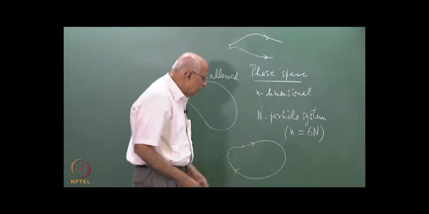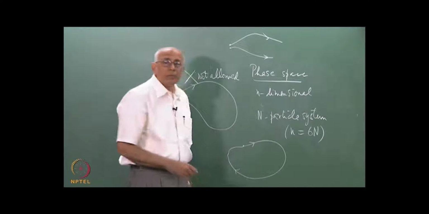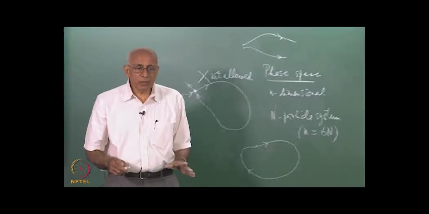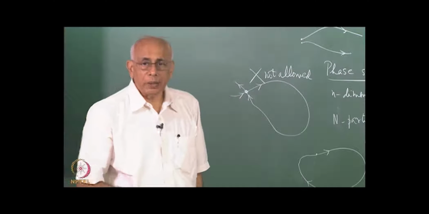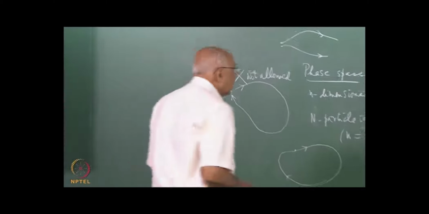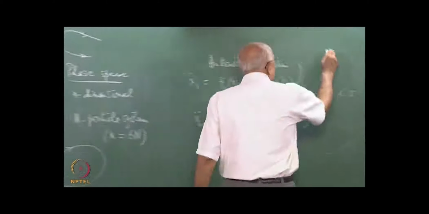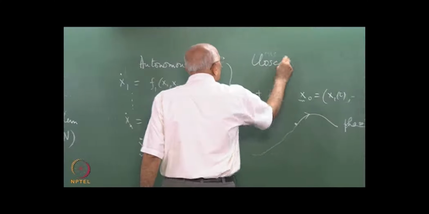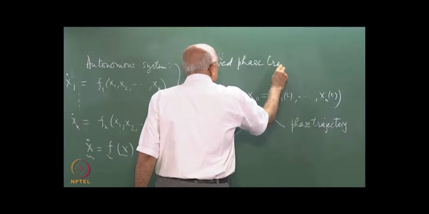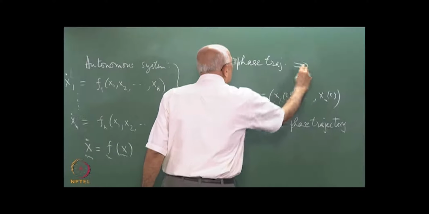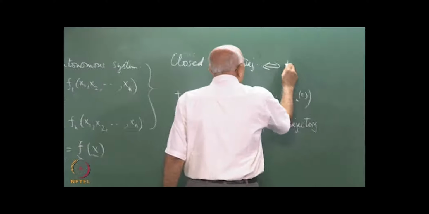And what does this mean? At this point, all the dynamical variables have returned to precisely their starting values, which means the motion is periodic. So this immediately implies that a closed phase trajectory implies and is implied by periodic motion.